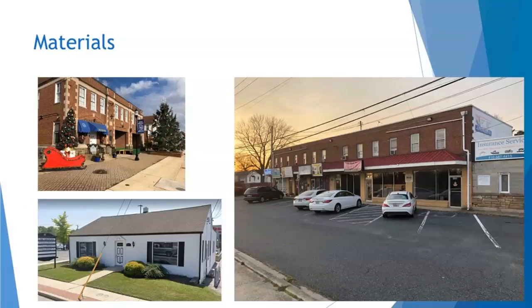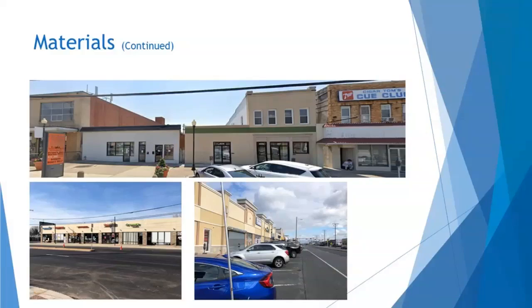So trying to pinpoint materials is not an easy task, but I'm sure this group has preferences for some. I've just picked out a collection here. We see that variety in the newer buildings we looked at earlier, with the stucco siding and some of the stone siding.